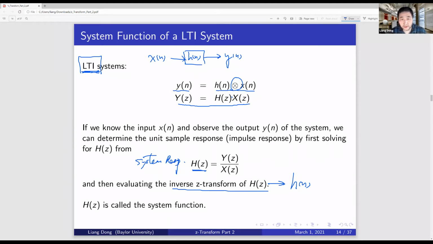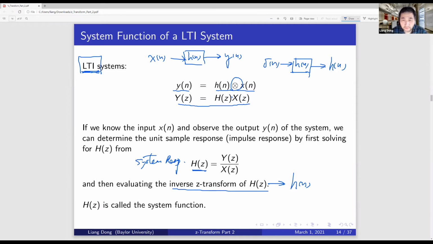And this is given by any arbitrary input and output. We don't need to excite the system with an impulse. Specifically, if I have an impulse exciting the system, then the output is simply the system response or the impulse response, h[n] here.